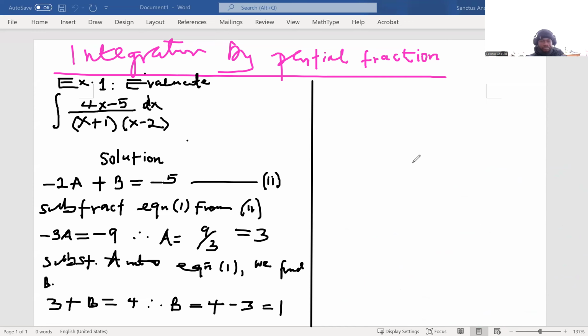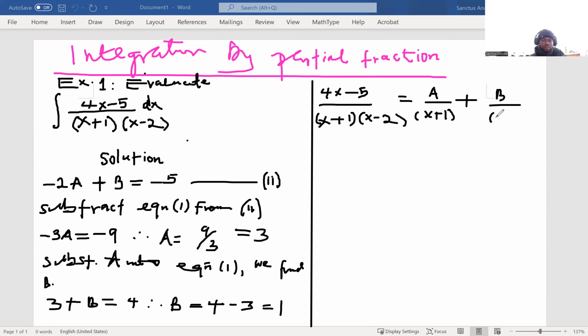All right, so now we have 4x minus 5 over x plus 1 bracket x minus 2, and this is equal to a over x plus 1 plus b over x minus 2.